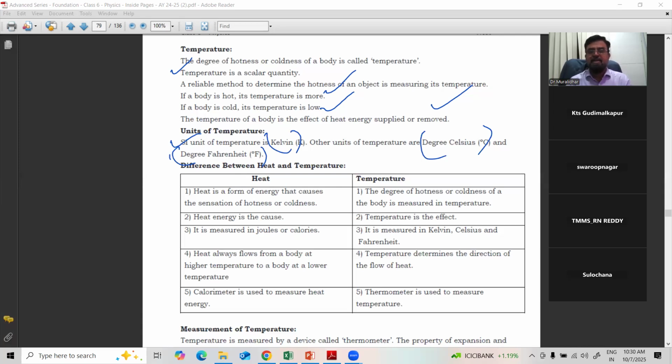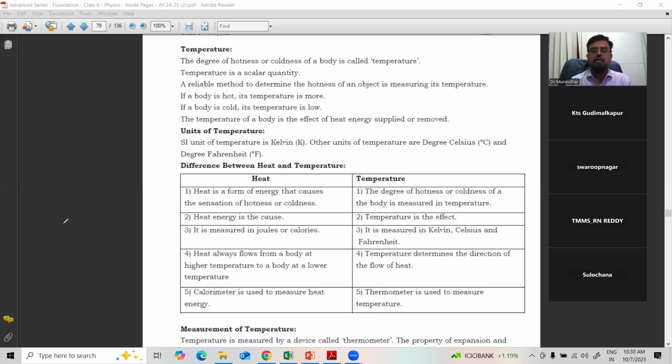So temperature is the hotness or coldness of a body, which is obtained by supplying heat or removal of heat. It is measured in Kelvin or degree Celsius or degree Fahrenheit and measured by using a device called a thermometer. There are various types of thermometers.